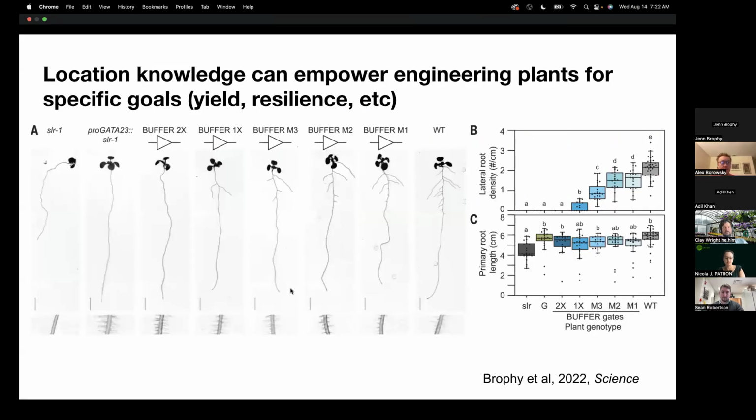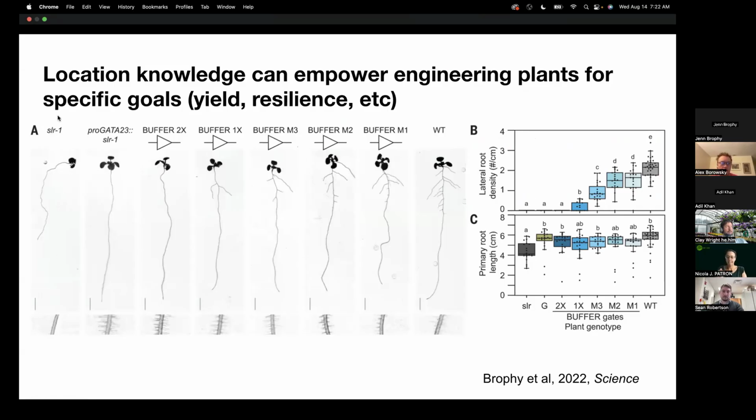Another thing is that the knowledge of location can help us engineer plants for specific goals. This is an example from Jen, where she took this SLR mutant. SLR is a dominant mutation that causes shorter root length, impaired root hair development, and no lateral roots.